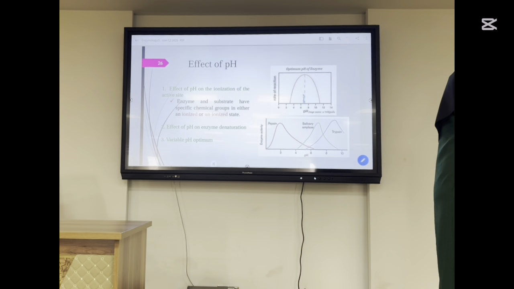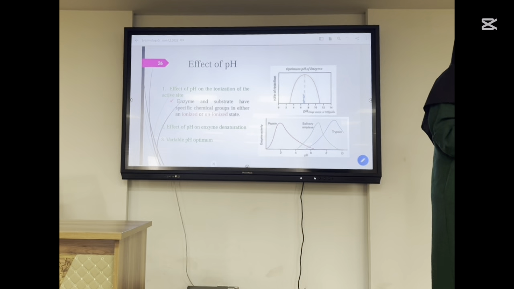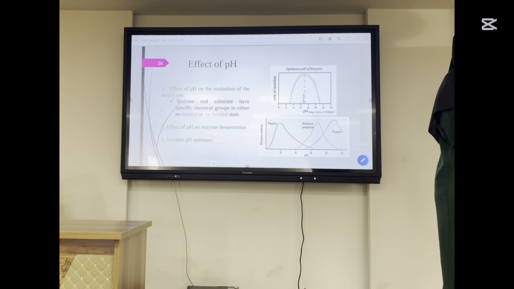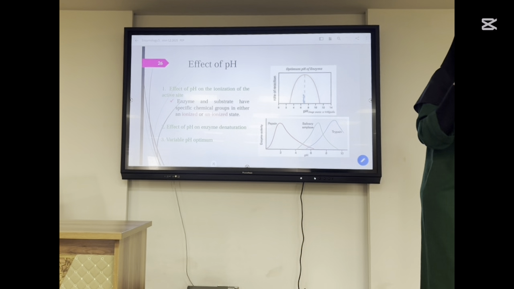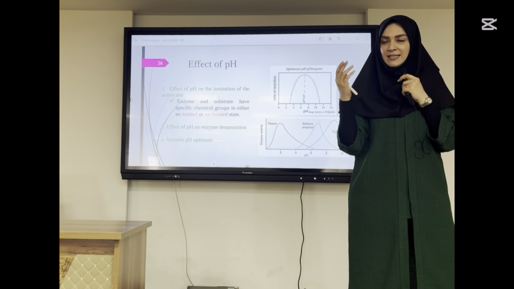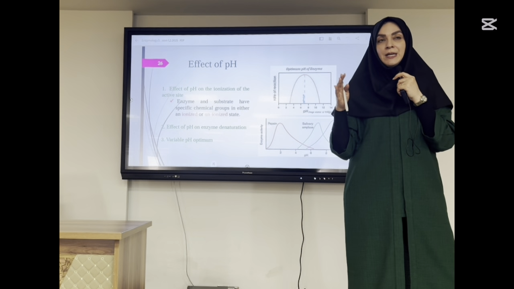Okay, so the pH optimum for pepsin is 2. What about other enzymes like a kinase? Neutral pH. What is the physiological pH? Near 7. Okay, we can say 7.2 to 7.4. This is the physiological pH.